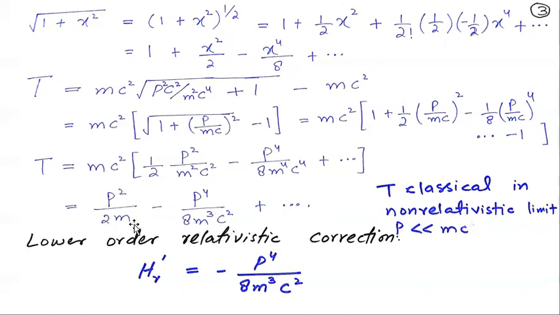And this is our previous result. It is simply the kinetic energy which we have used earlier in the hydrogen. So our correcting Hamiltonian, the lowest order relativistic correction, will be this. So this is our perturbed Hamiltonian.